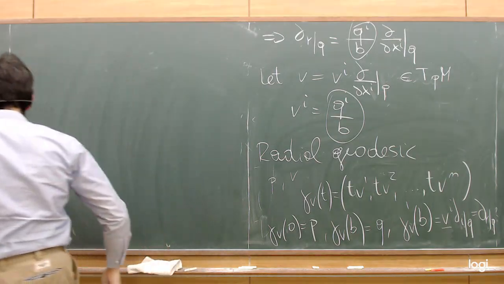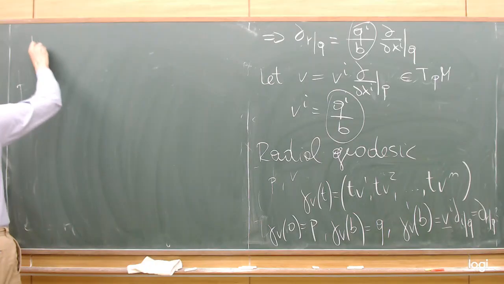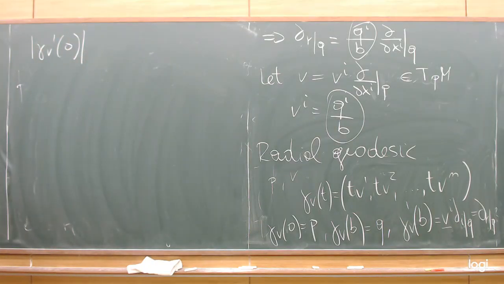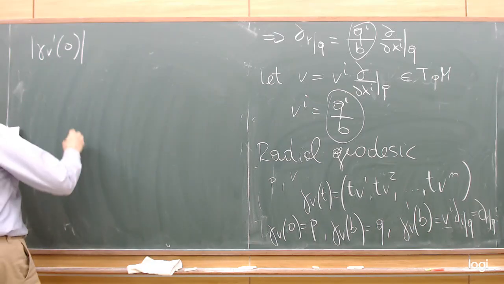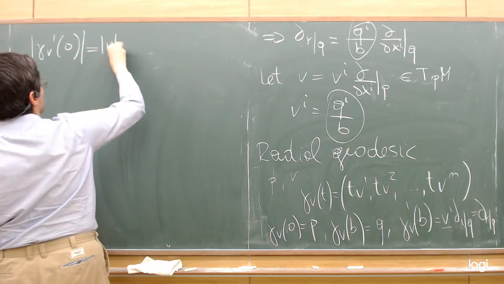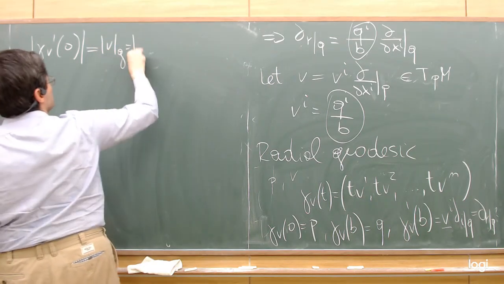Now let's observe that the initial velocity vector of gamma_V has a length given by this formula.